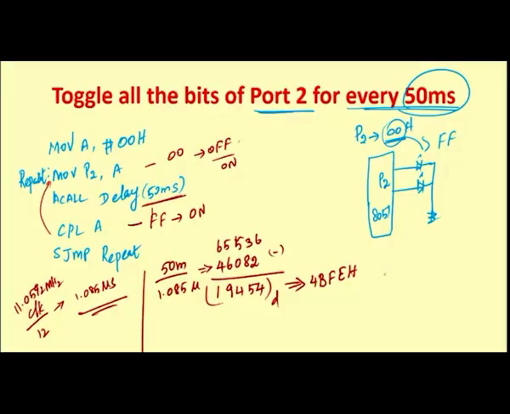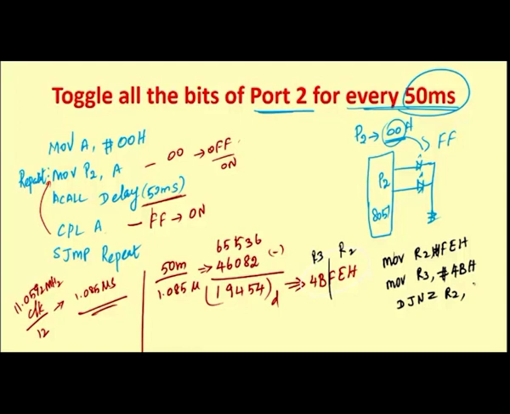So I will start to write the delay program. Suppose you are taking R2 and R3, then take MOV R2, #0FEH, then MOV R3, #4BH. Now DJNZ R2, with the same line continuing here.